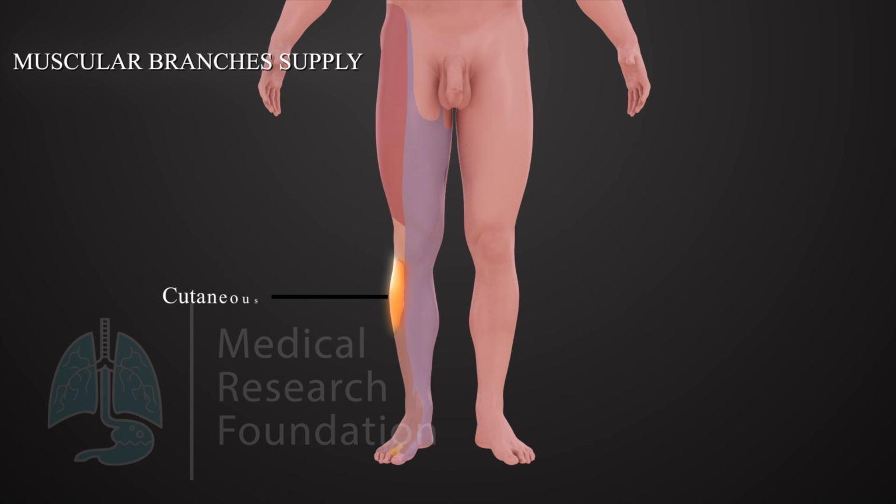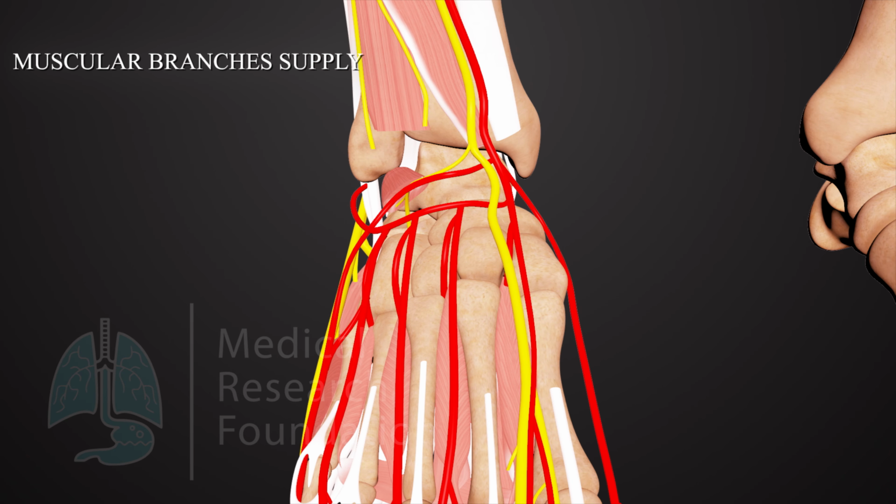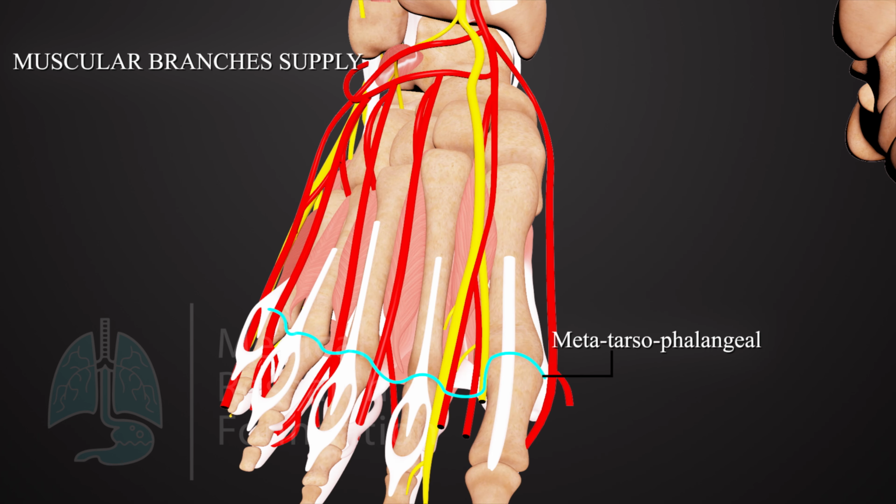A cutaneous branch supplies adjacent sides of the first and second toes. Articular branches supply the ankle joint, the tarsal joints, and the tarso-metatarsal and metatarsophalangeal joints of the big toe.